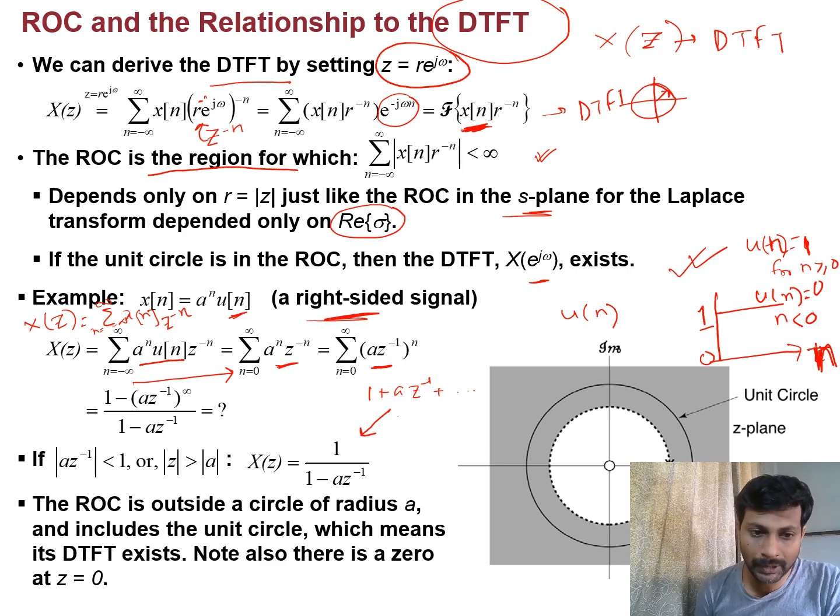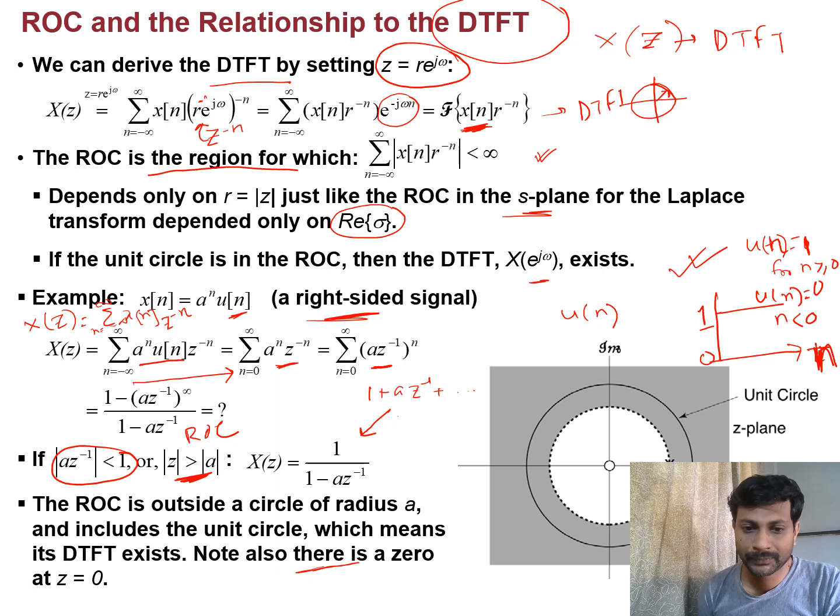The ROC is given by |a z inverse| less than 1, or mod z greater than a. So the ROC is outside the circle of radius a and includes the unit circle, which means the DTFT exists.